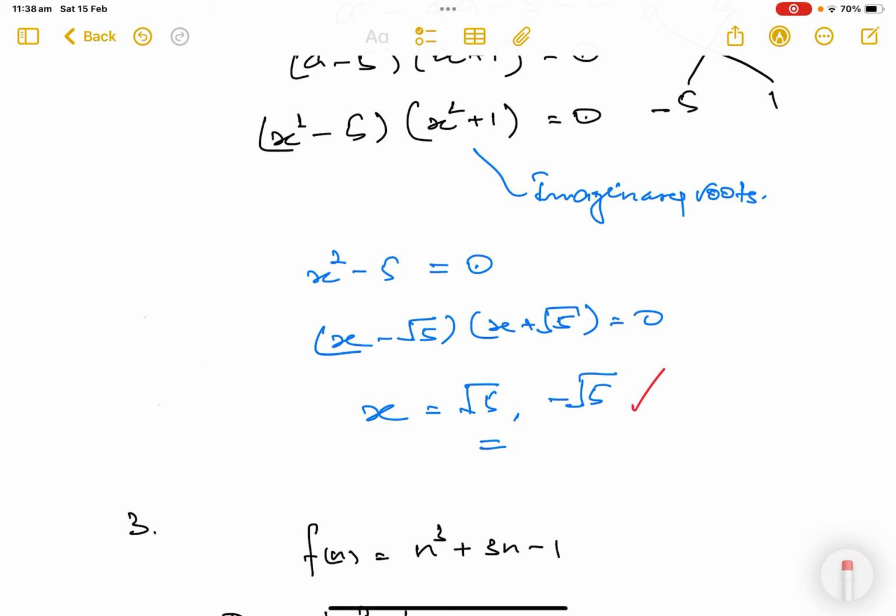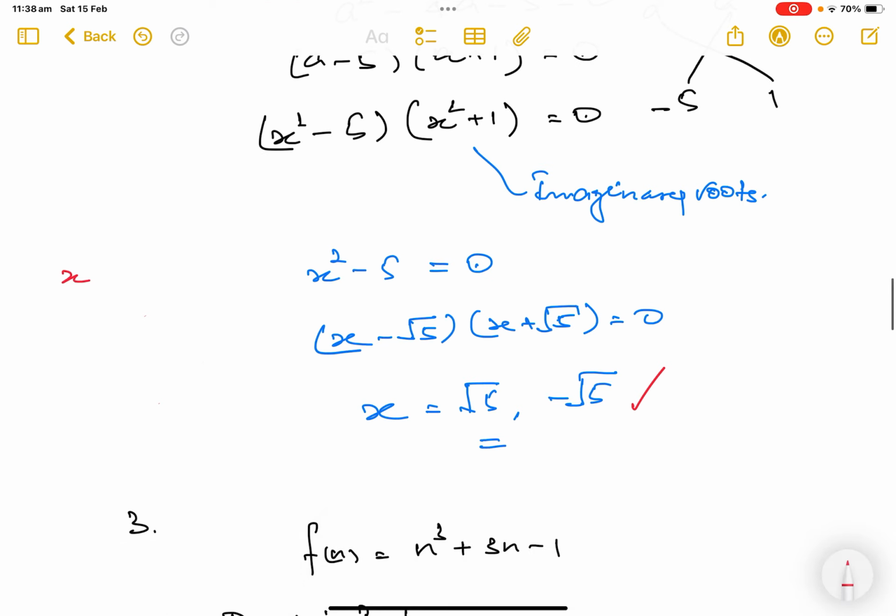Then we can write x squared minus 5 as x squared minus root 5 squared. This is like a squared minus b squared, which equals a minus b times a plus b.